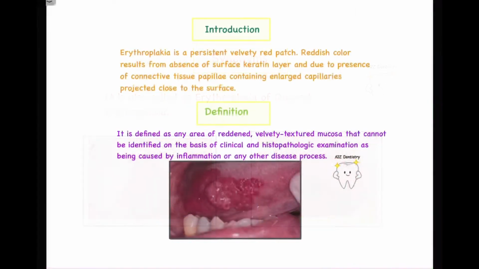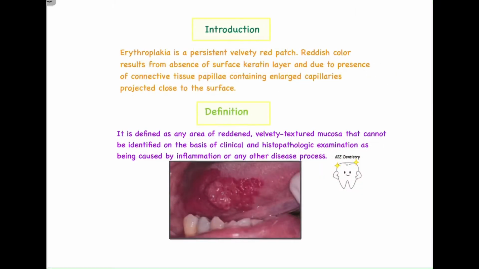Coming to the introduction, erythroplakia is a persistent velvety red patch. It is reddish in color, and that reddish color is derived because of the absence of the surface keratin layer. Also, the capillaries in the connective tissue papillae become engorged and enlarged, and they project close to the surface.